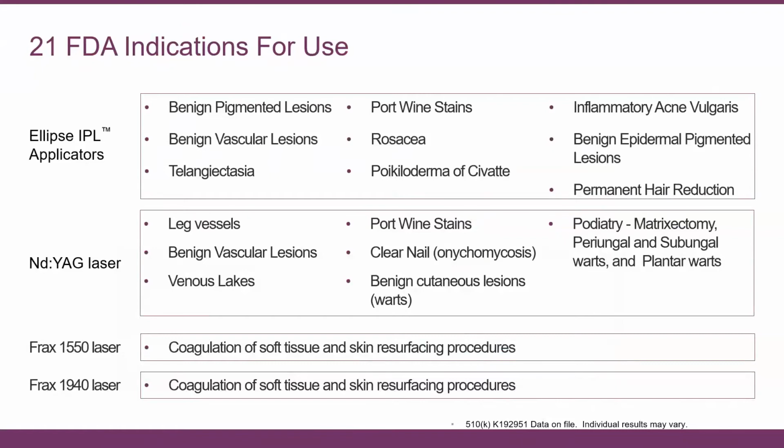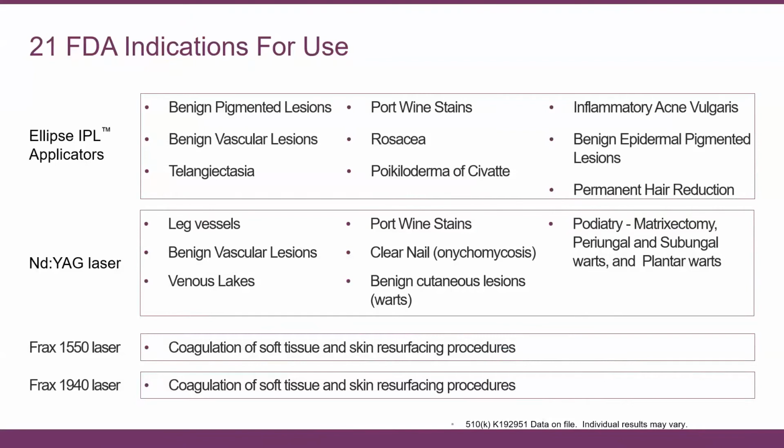21 FDA indications for the Nordlys. We're concentrating specifically today on vascular lesions, but just to give you an overview, the IPL handpieces also have the ability to treat pigmented lesions, poikiloderma, benign epidermal pigmented lesions, and we can also use this system for permanent hair reduction.